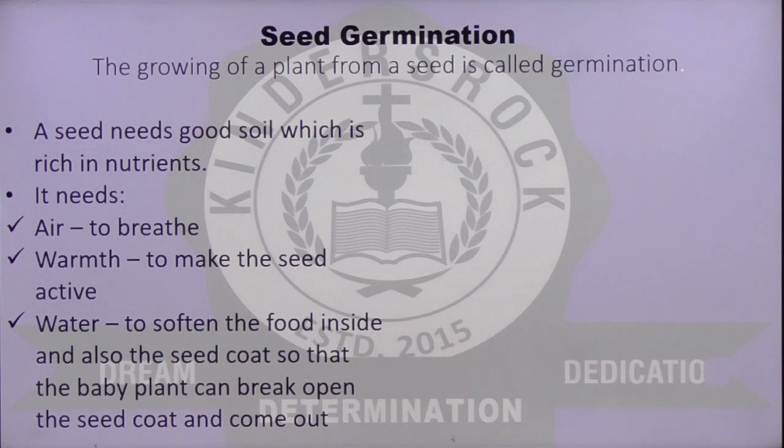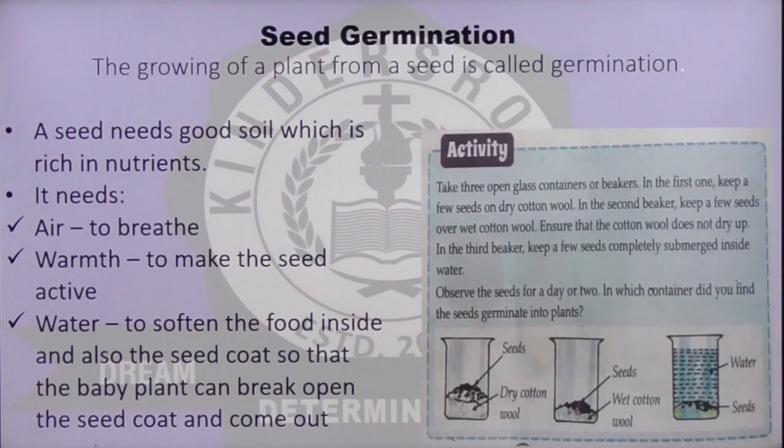Let us engage ourselves in an activity, something that I want you all to do at home. Take 3 open glass containers or beakers. In the first one, keep a few seeds on dry cotton wool.